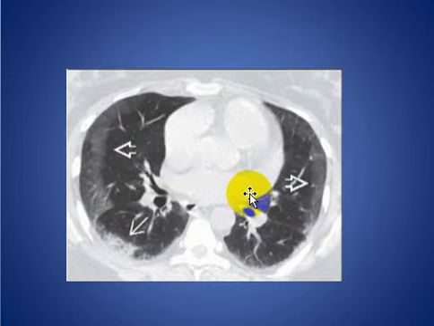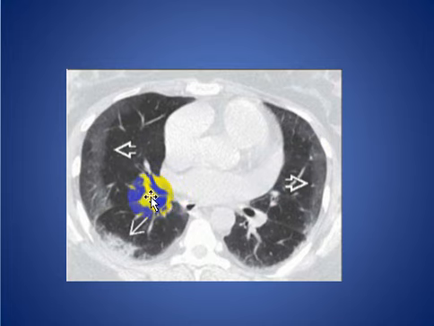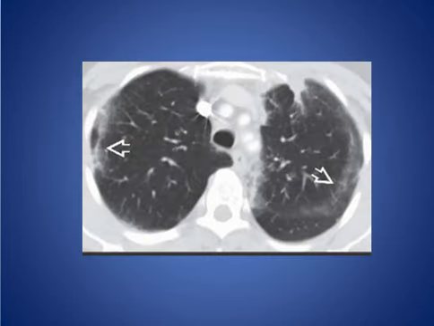Here, this is a non-contrast CT scan of a patient with bilateral peripheral ground glass opacities and consolidation, as we see here, and sparing the central part. And this is a typical patient with chronic eosinophilic pneumonia. Patient also has peripheral blood eosinophilia.